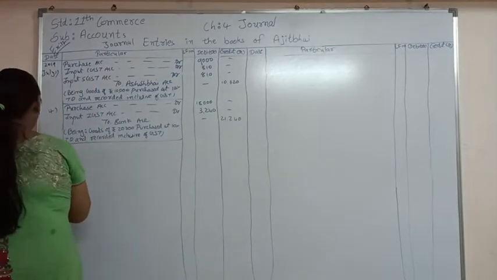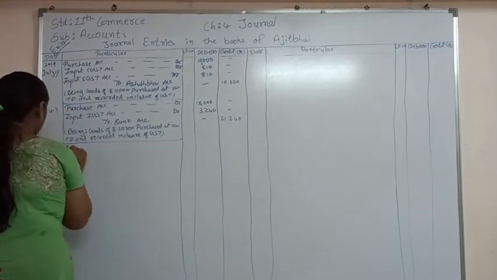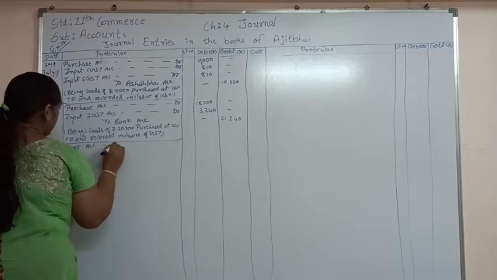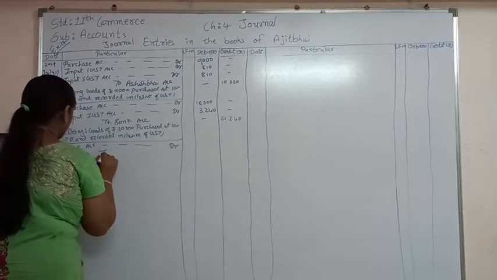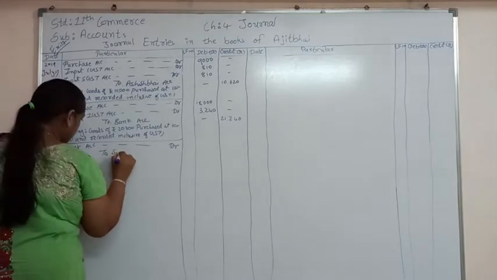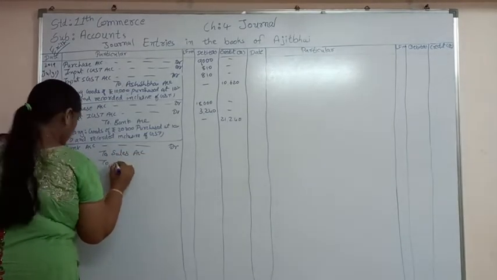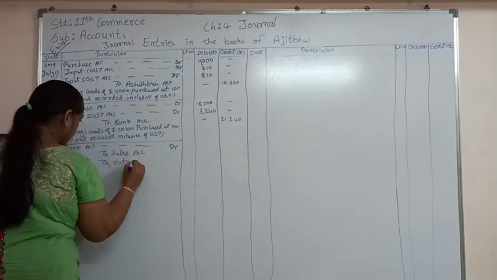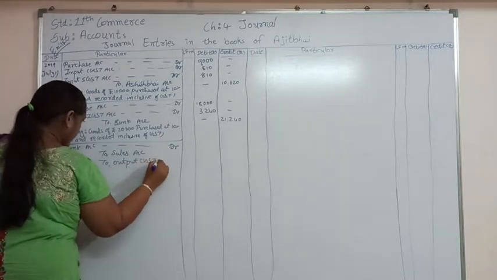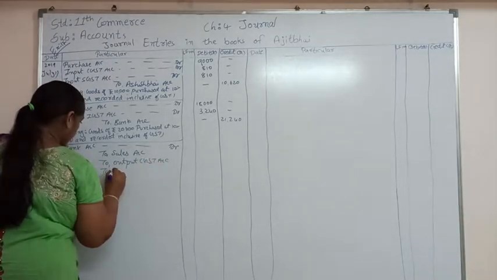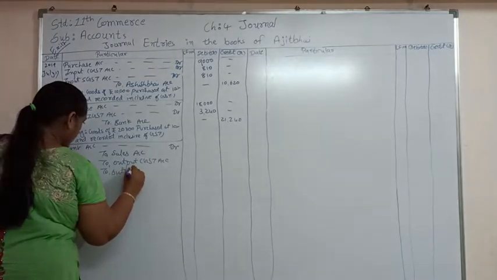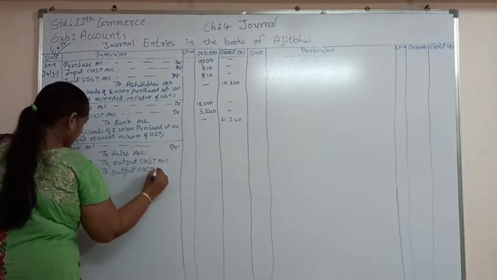So date number 7, bank account debit to sales account, to output CGST account, to output SGST account.